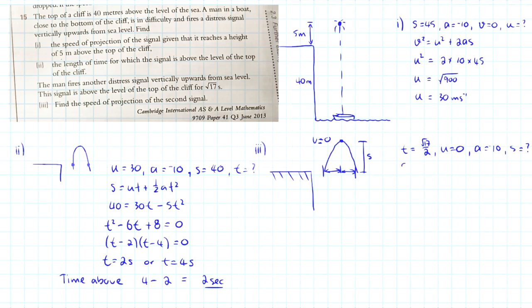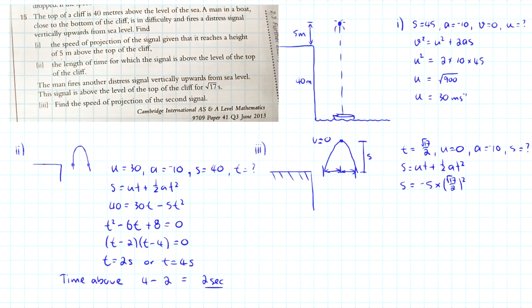S is ut plus a half a t squared. Right, u is 0, so it's looking nice already. So the displacement is equal to a half of the acceleration, which is -5, times t squared, which is root 17 on 2 squared.